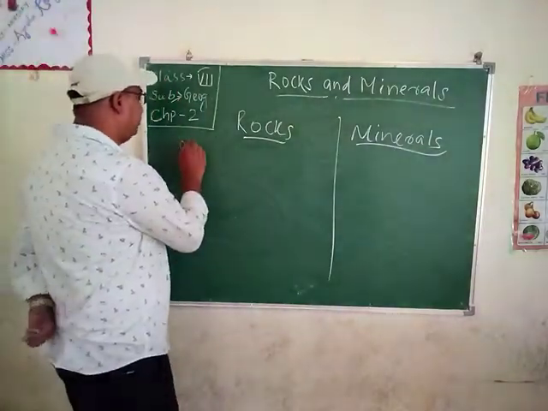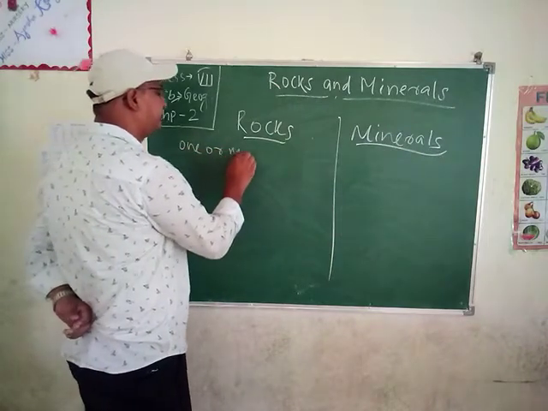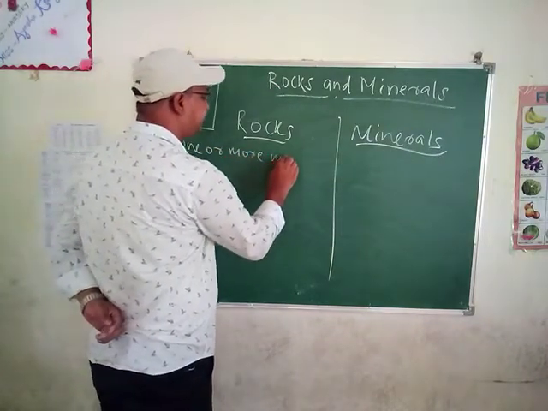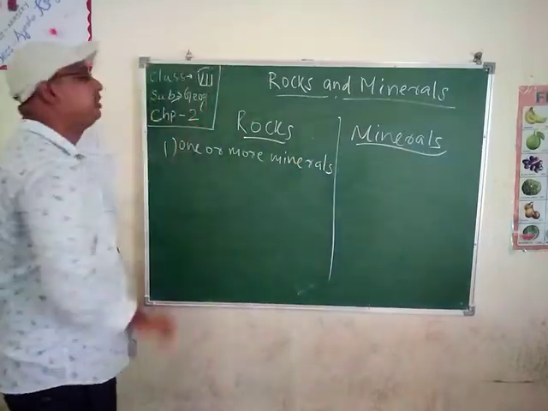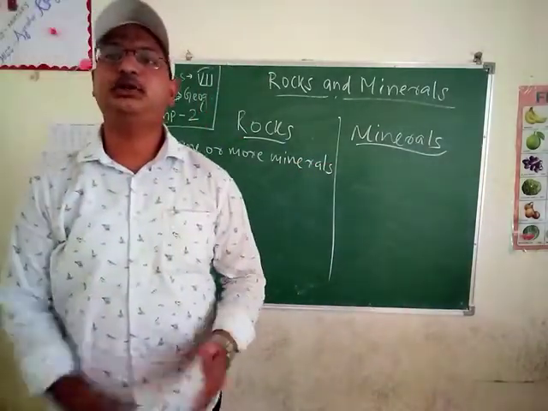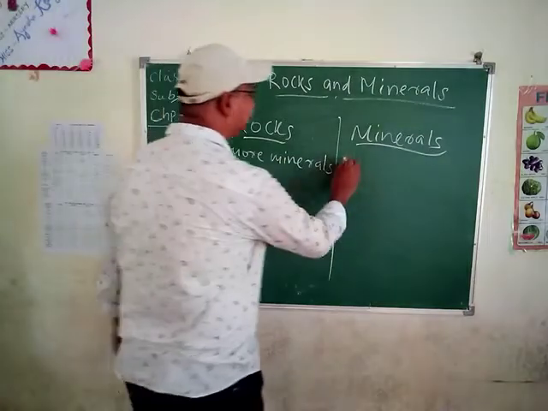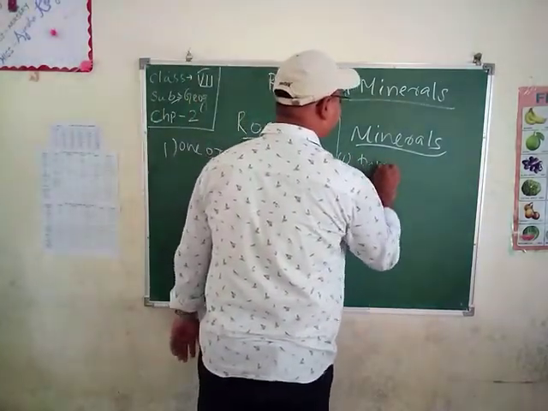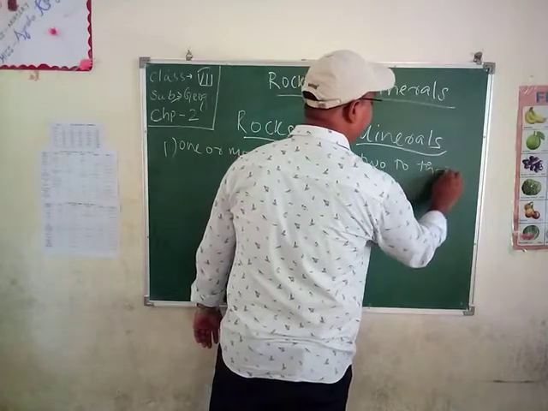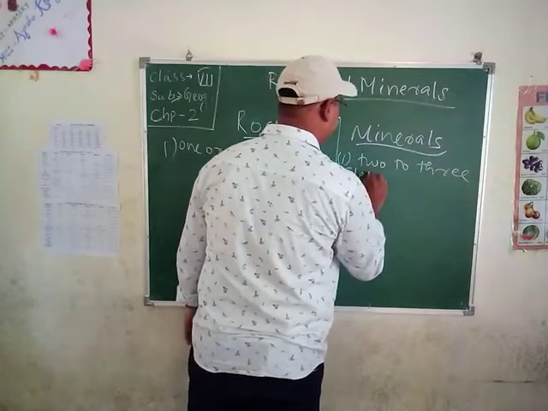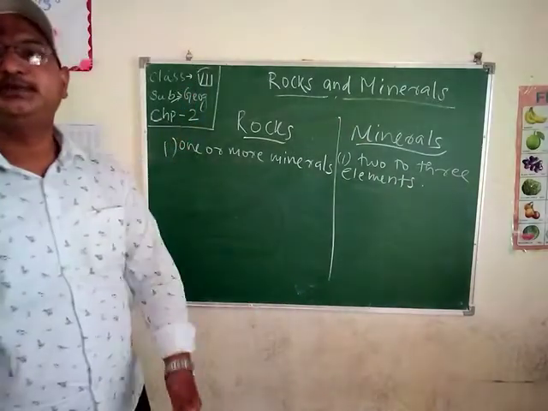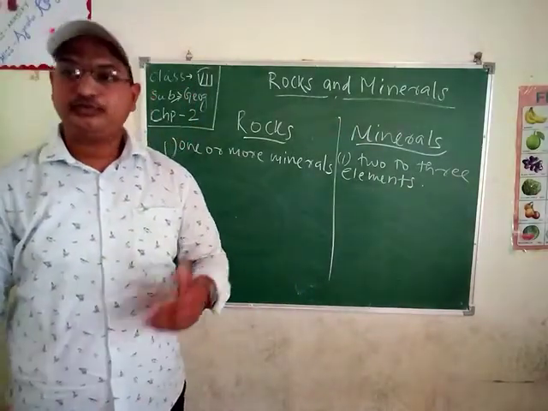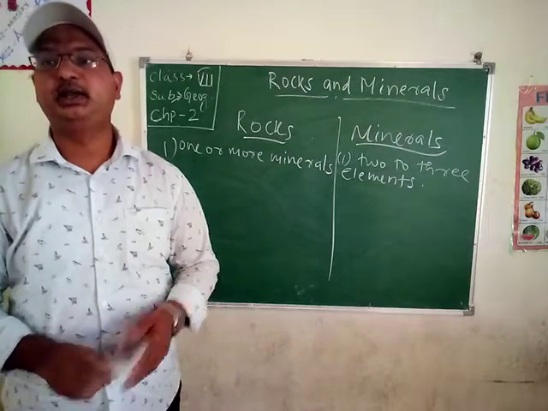A mineral is composed of 2 to 3 elements. Then the next one: a rock may be a solid mass like granite, sandstone.